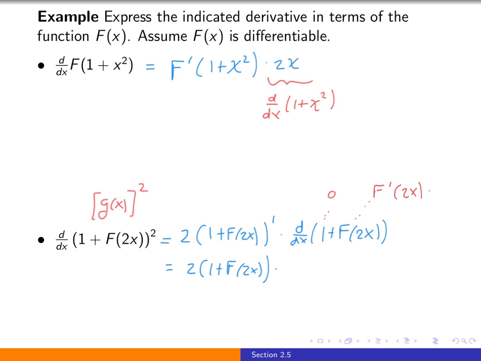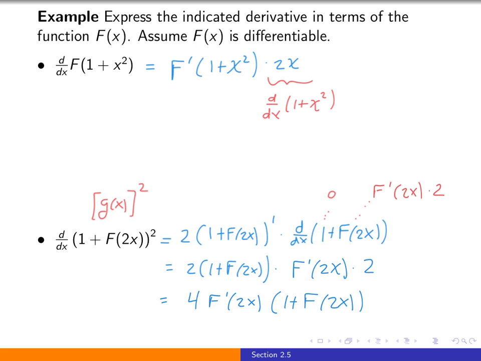The derivative of 2x is the number 2. So this would be times f prime of 2x times 2. And simplified slightly here, it would be 4 times f prime of 2x times 1 plus f of 2x.